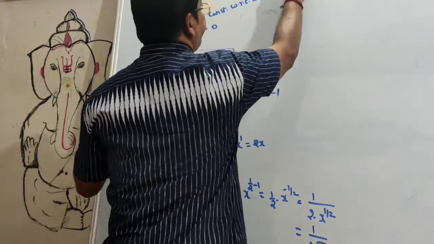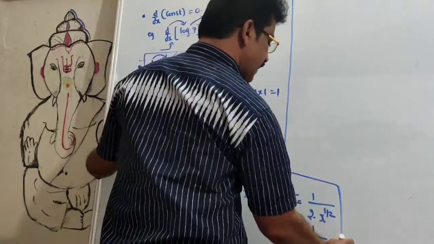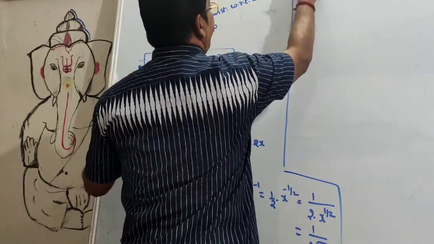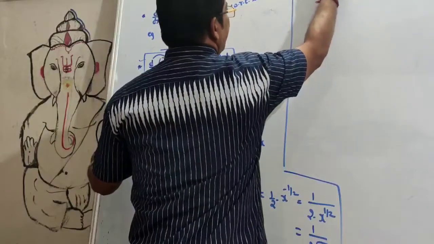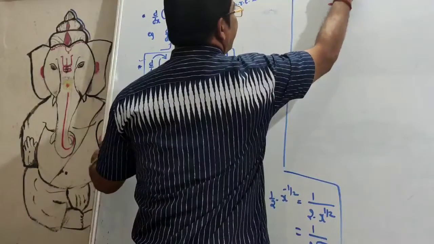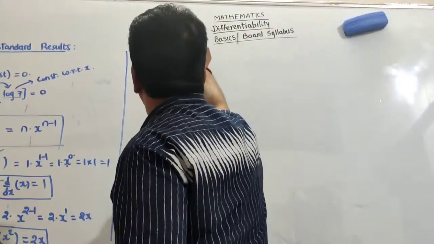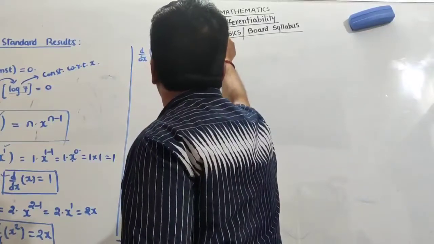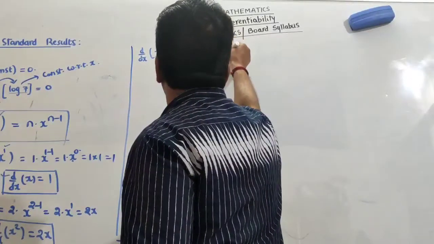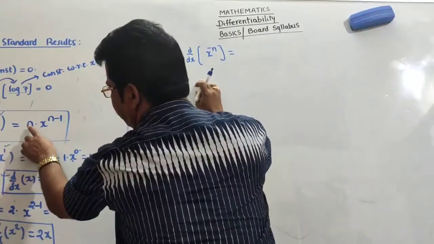Later, d by dx of 1 by x to the power of n. Actually, to be frank, it is not a new formula. It can be written as x power minus n. So compare, instead of n, you just write minus n.